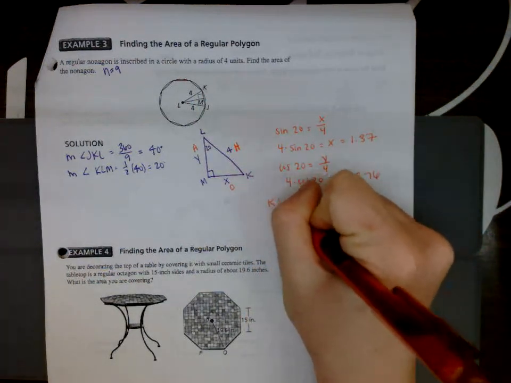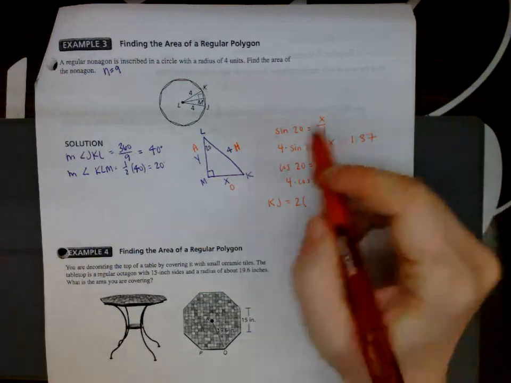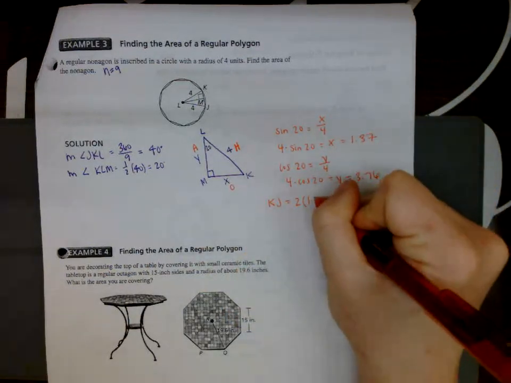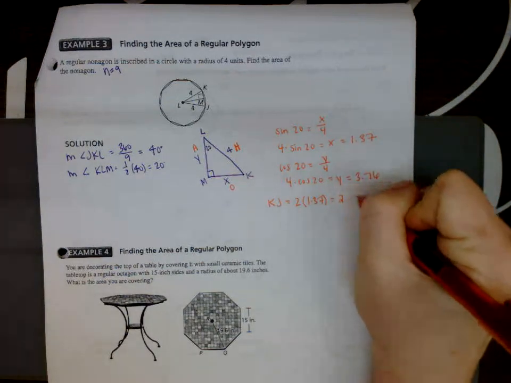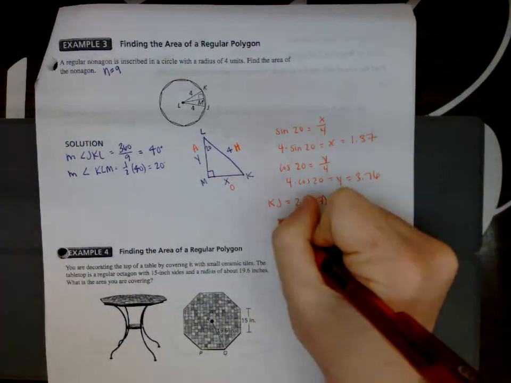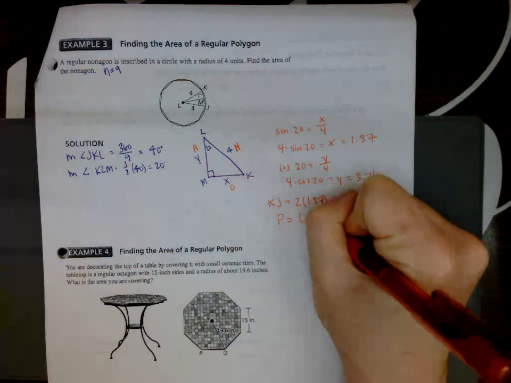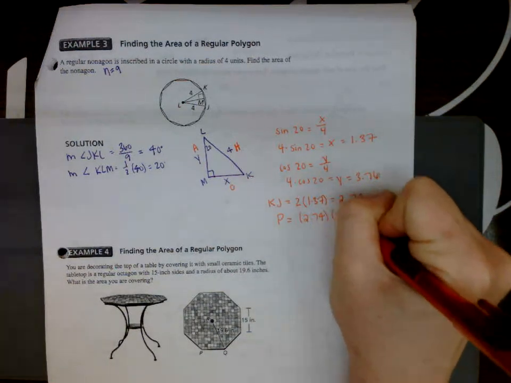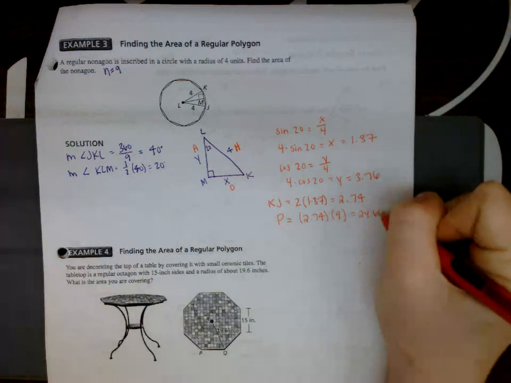So I'm going to take kj and take 2 times km, which was x, which is 1.37. So that gives me 2.74. Then I'm going to take that and I'm going to find the perimeter. So I'm going to take 2.74 and multiply it by 9 because there's 9 sides, and I get 24.66.